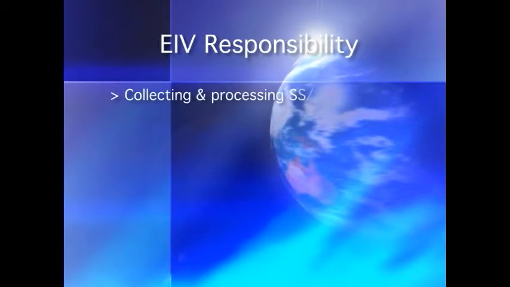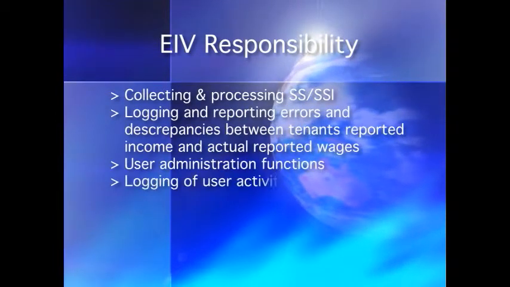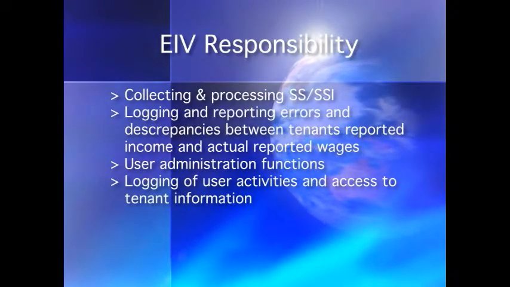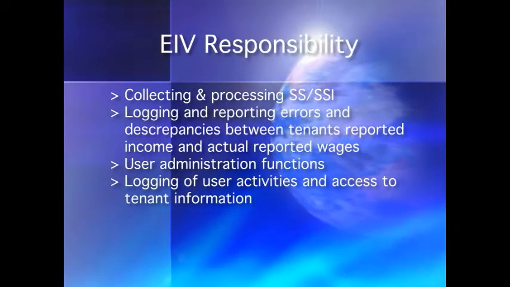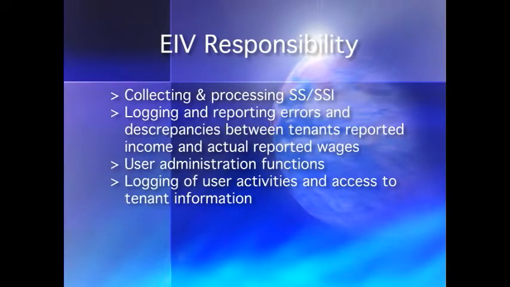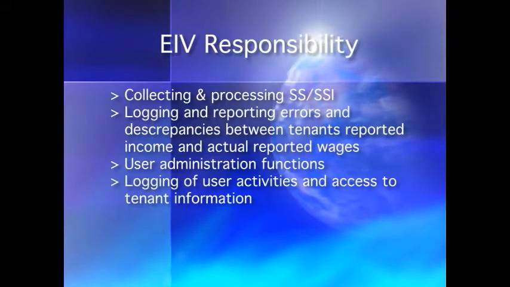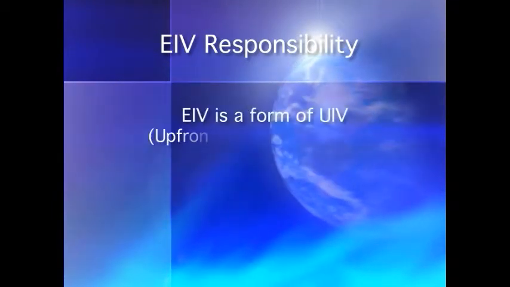EIV is also responsible for collecting and processing Social Security, SSI, and disability benefits from the Social Security Administration. EIV is responsible for logging and reporting of errors and discrepancies between tenants' reported income as shown on the 50058 and the actual reported wages. EIV is responsible for user administrative functions and logging of user activities and access to tenant information.